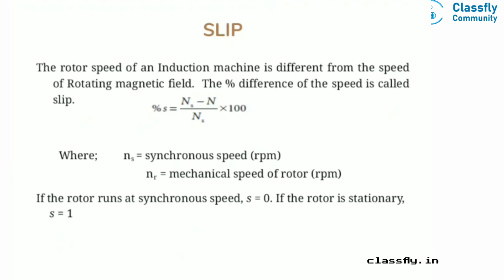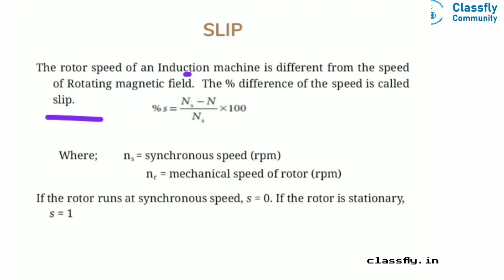Here it says that the rotor speed of an induction motor is different from the speed of the rotating magnetic field. Don't get tense about what the speed of the rotating magnetic field is. It is basically the synchronous speed. So the rotor speed must always be different from the synchronous speed, and the difference between the speeds will be our slip.